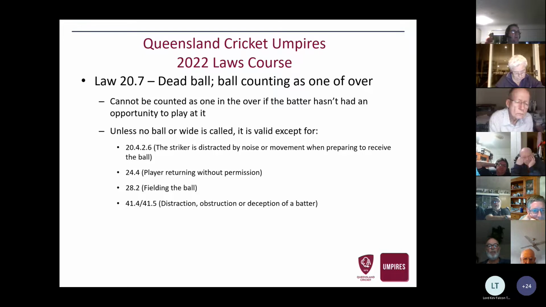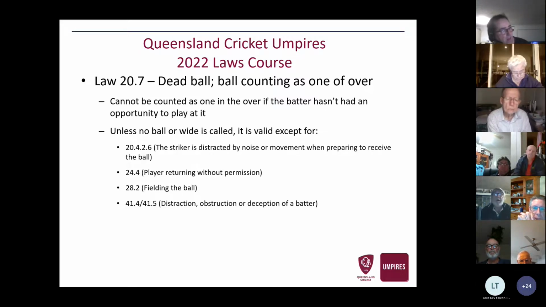However, under the law, unless a no ball or wide is called, the ball is valid and counts as one in the over, unless you have the scenario of law 20.4.2.6, so the striker is distracted by noise or movement. 24.4, a player returning without permission. 28.2, the legal way to field a ball. And 41.4 and 41.5 around distraction and obstruction of a batter.